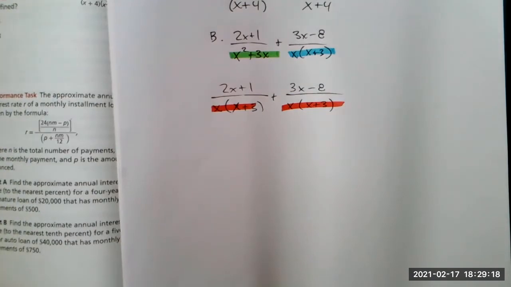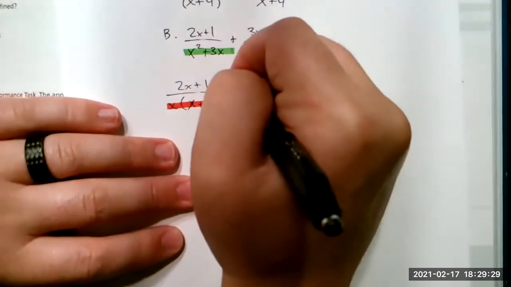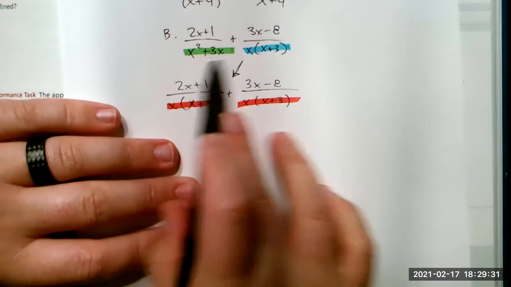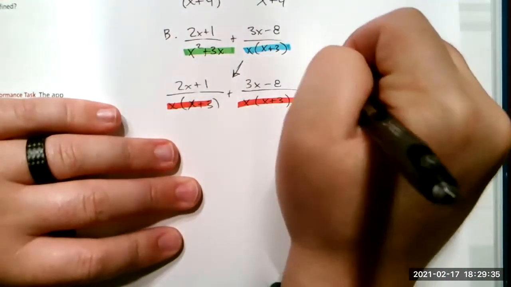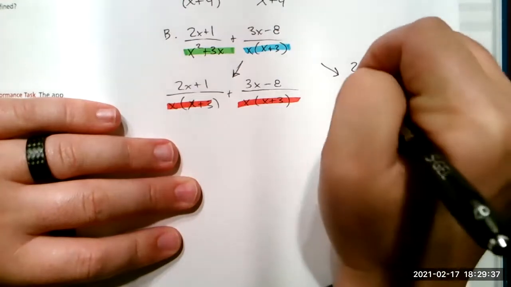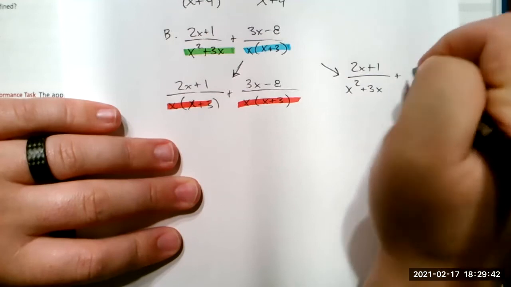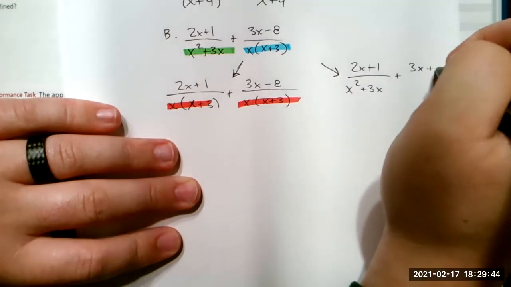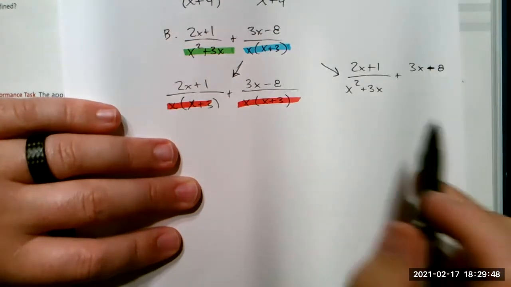So at first, they visually didn't match, but I was able to manipulate one or the other denominator to make them match. Like I said, you could have gone this direction where I take the GCF and factor them apart, so they're both factored, or I can go the other direction, 2x plus 1 over x squared plus 3x plus 3x minus 8, 3x minus 8.